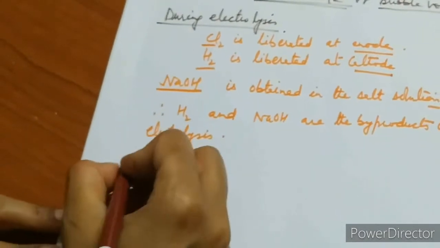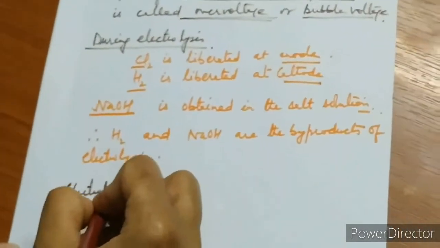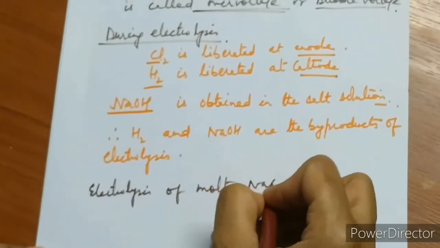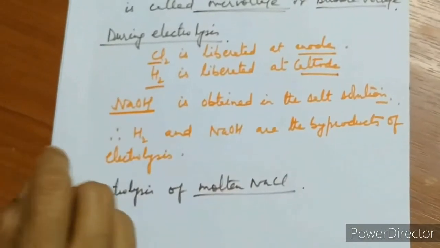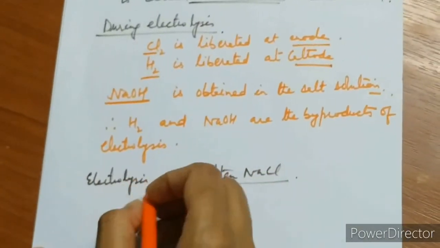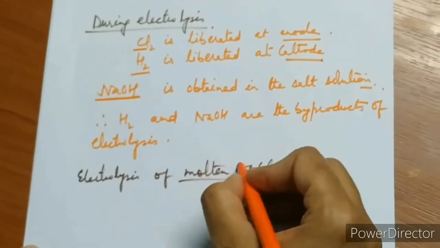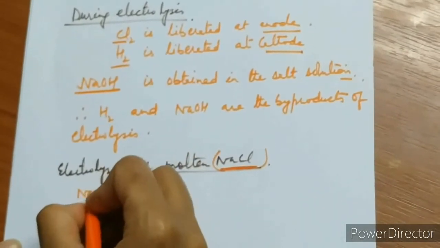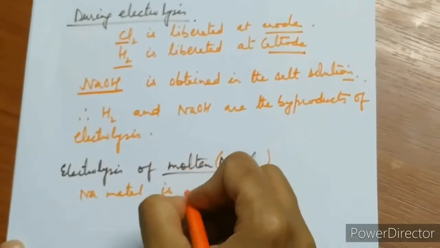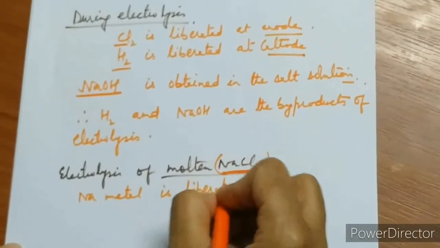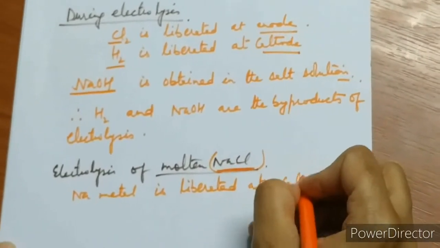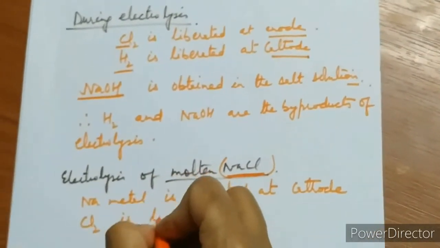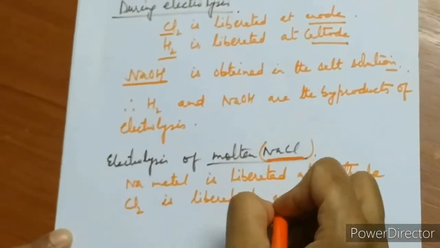If we have to explain the electrolysis of molten NaCl, then what are the products liberated at cathode and anode? In case of NaCl, sodium metal is liberated at cathode and chlorine is liberated at anode.